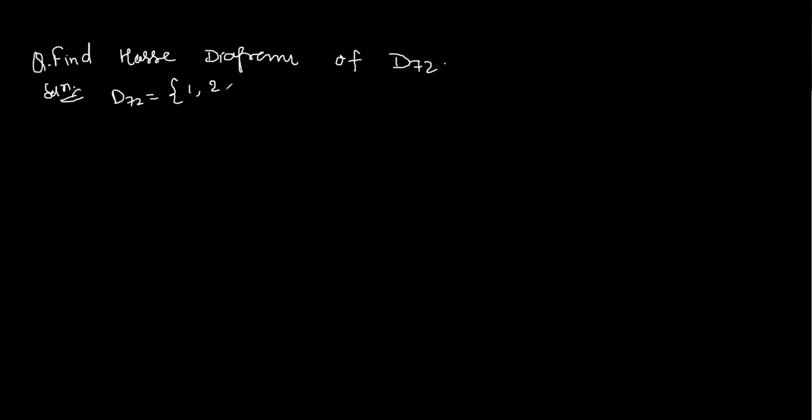What are the divisors of 72? 1, 2, 3, 9, 8. That is 24 also, right?